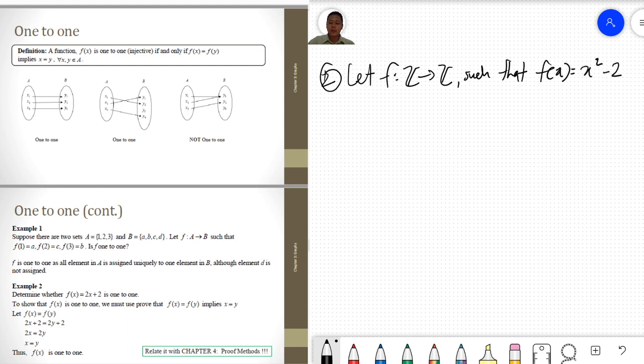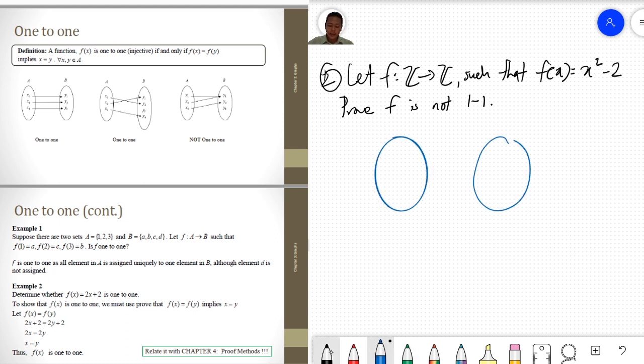Prove f is not one-to-one. Again, for the basic rough idea, you can try to visualize, and it can be a counterexample. Because this is false, you can use a counterexample.